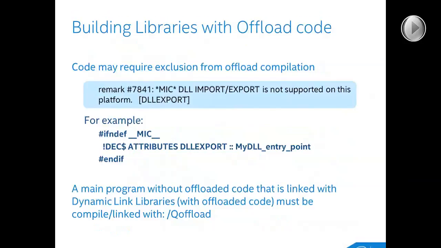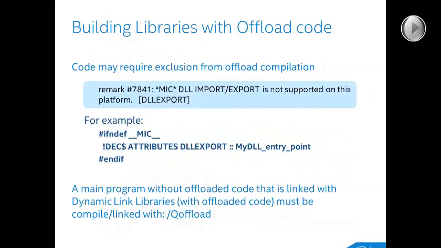In the absence of the #ifndef that you see here, you would receive the remark shown in the blue highlight during the target compilation. So you can quiesce that by using, I just happened to use the _MIC_ define, and was able to quiesce the remark.